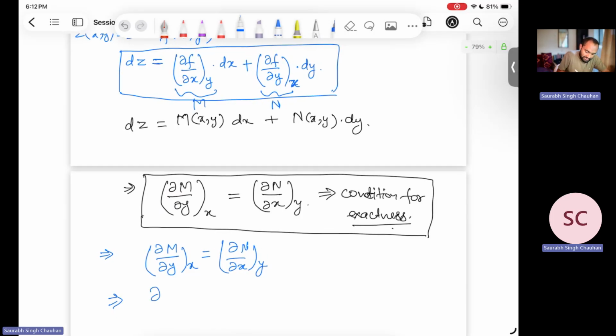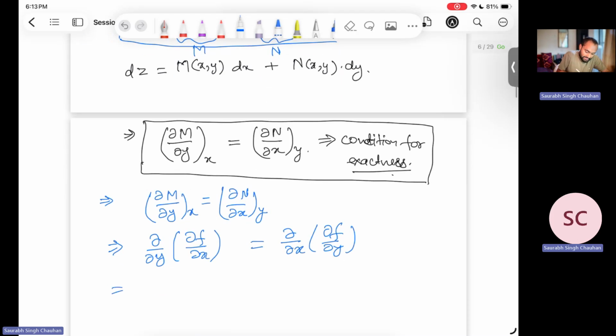So you can also write del square z. Let us write it one by one. The partial derivative with respect to y of m, and m is partial derivative of f with respect to x, should be equal to partial derivative with respect to x of this partial derivative with respect to y.